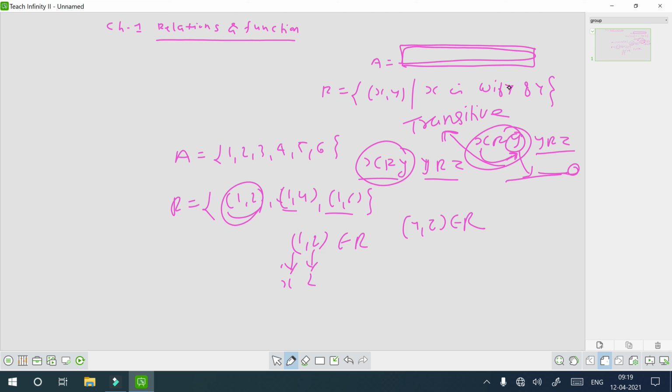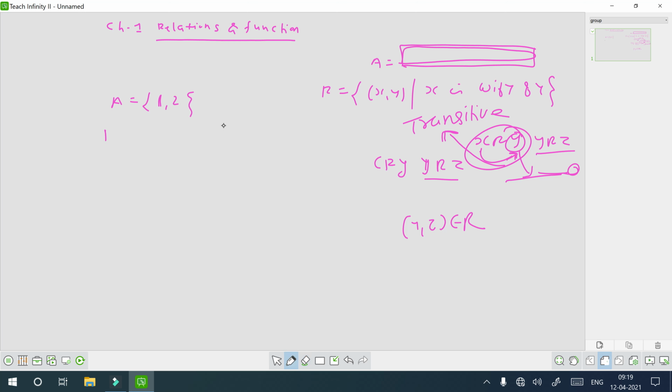And let us take one more example. Set A = {1, 2} and define R = {(1, 2), (2, 1)}. This one is a relation on set A. Now see, this is our x, this is our y, this is our y and this is our z.